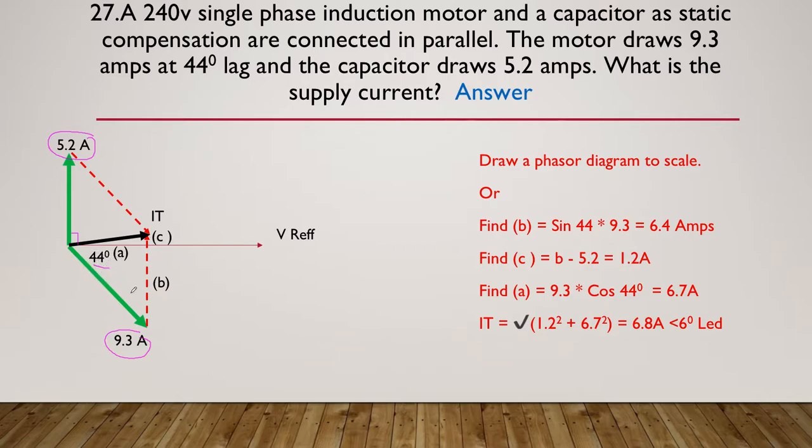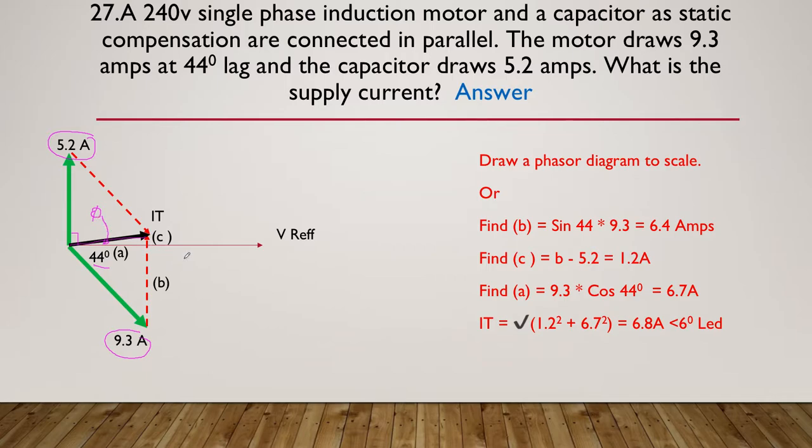We were told it was 44 degrees lag. And we add those two together and we get this phasor in here, quite a shallow arrow. And we can then measure that length, scale it off our drawing and get our protractor out and get that angle theta inside there to give us the answer.